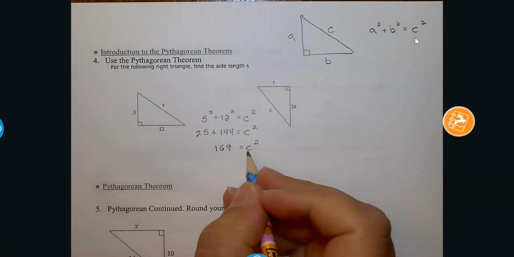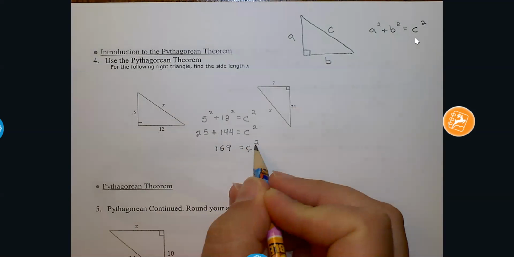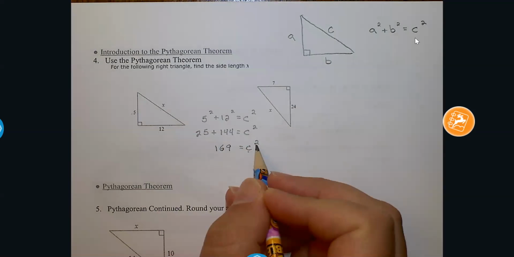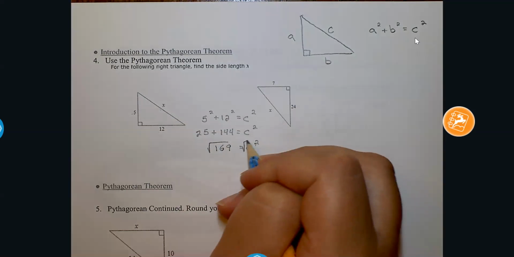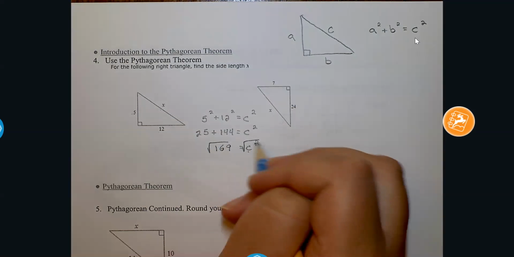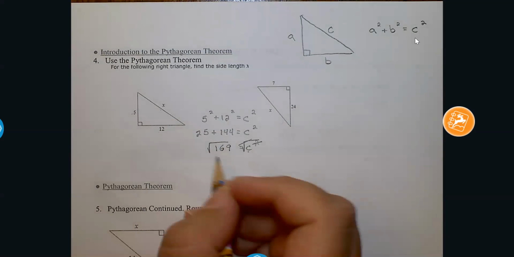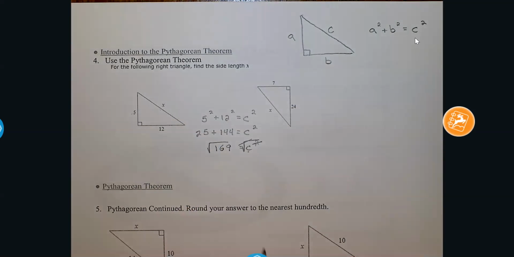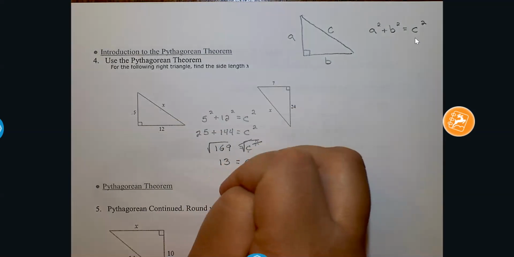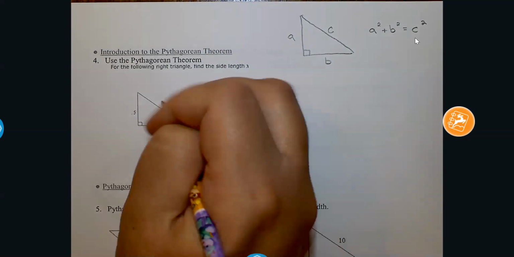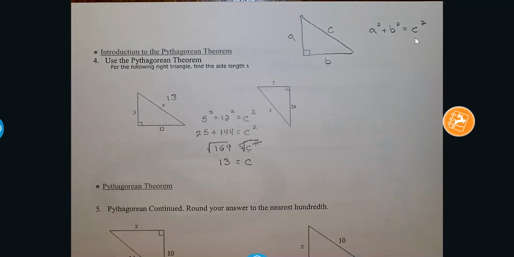And then to get c by itself, to get that square away, I have to perform the opposite operation, or the inverse operation. So I'm going to be taking the square root of each side. Now a square root cancels out a square, and the square root of 169 is 13. So our hypotenuse would be 13.